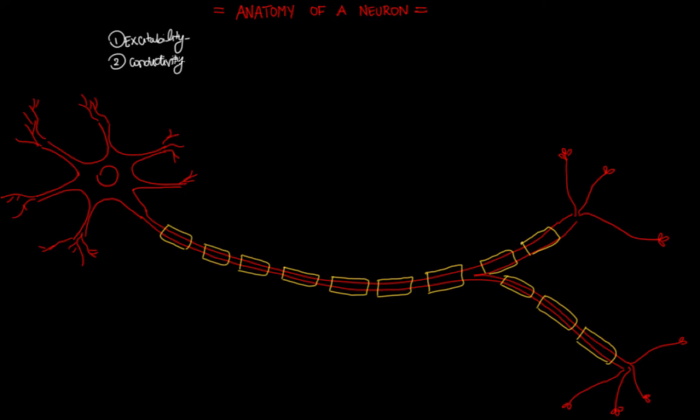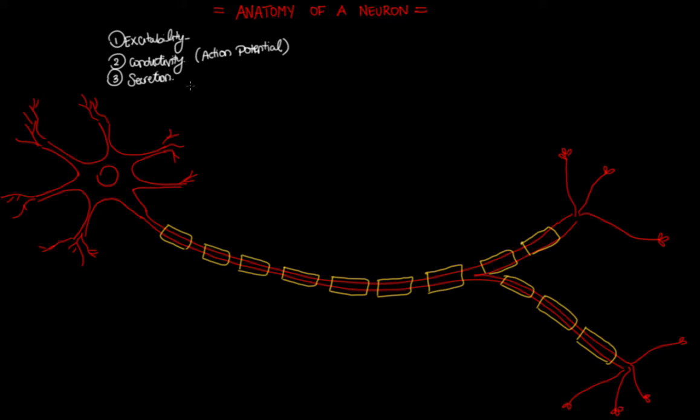And so neurons can conduct electricity, and this electricity or electrical impulse is called the action potential, and we're going to be looking at that in more detail in another video. But so they communicate by conducting electricity, and then finally, the way that they relay this electricity or electrical impulses or messages to other neurons is by secretion.